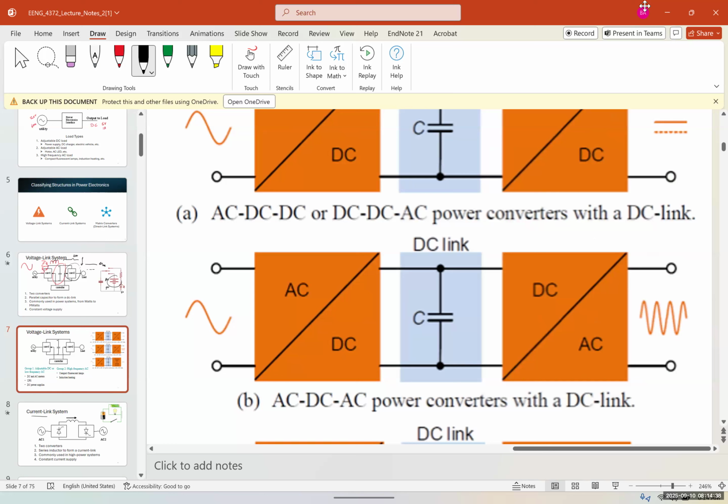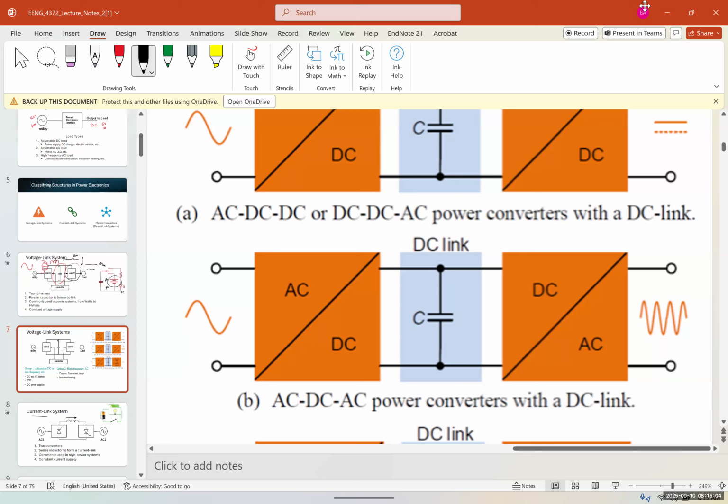So an AC to AC, which is used in wind turbines, I gave you an example of that, or inverters. An AC to DC is first used to rectify, as a rectifier, to convert AC to DC. Then the DC link is used to smooth out the signal. Then there's another DC to AC converter at the end.